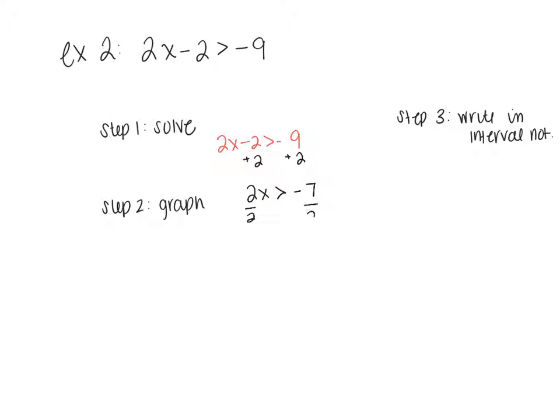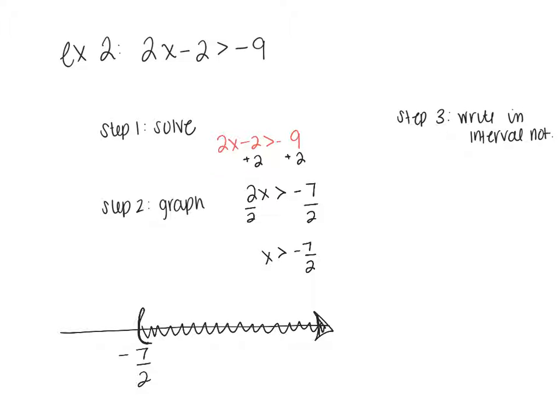Divide by 2, divide by 2. x is greater than negative 7 over 2. Because it's just plain greater than, I'm going to have a parenthesis, and since I'm going to infinity, I need 2 parentheses. Slide your parenthesis down to negative 7 over 2, and then slide the other side to infinity.